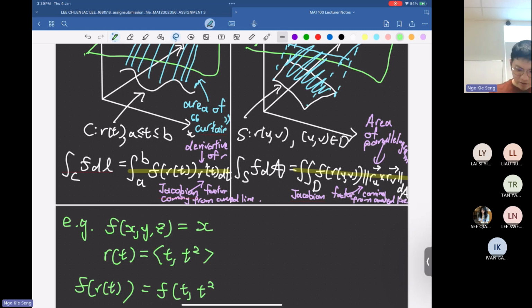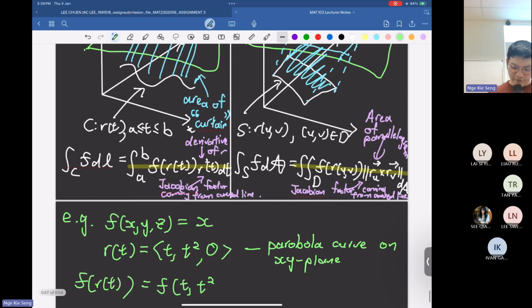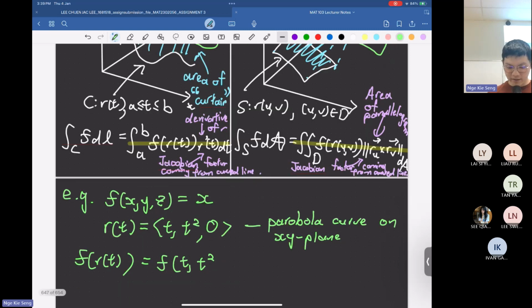What is z here? Maybe we need to decide a z, so let's decide it to be 0. Let it lie on the XY plane, so this is a parabola curve on the XY plane. So F of t, t squared, 0 is equal to t. This is what I mean by F of r of t.